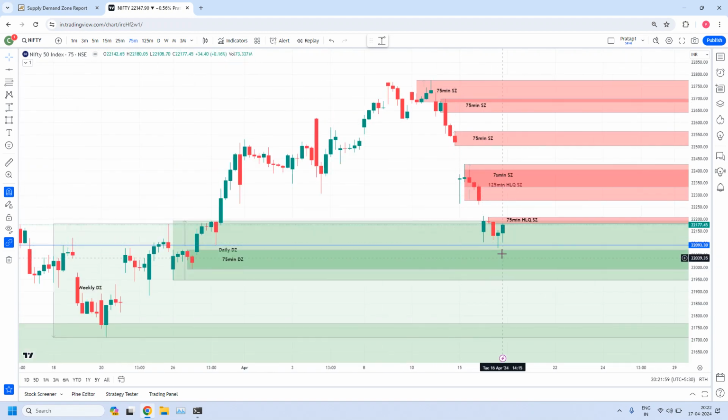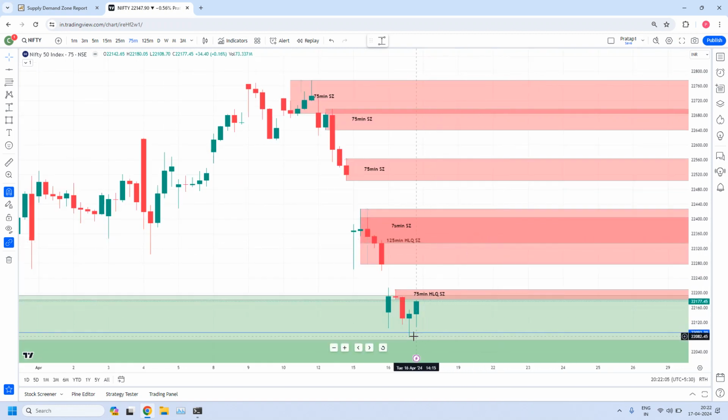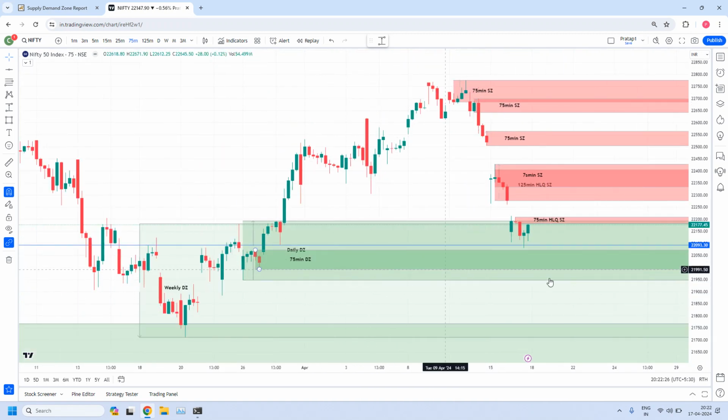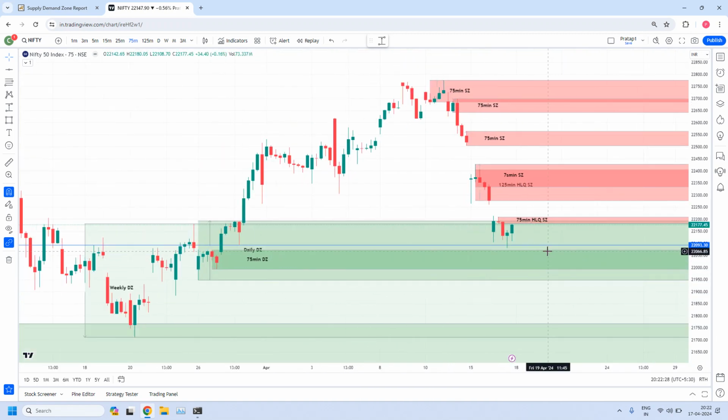And whoever took a trade yesterday exactly in this area, you might have got a very good intraday profit. This is 22,082 to 22,177, so close to a 100 points move. So strong area.